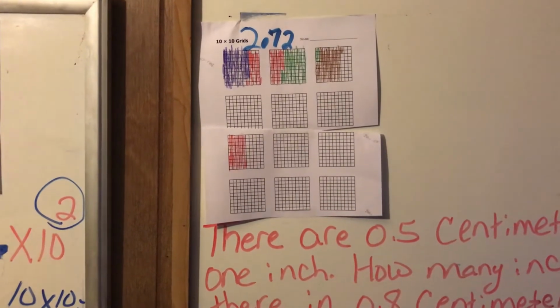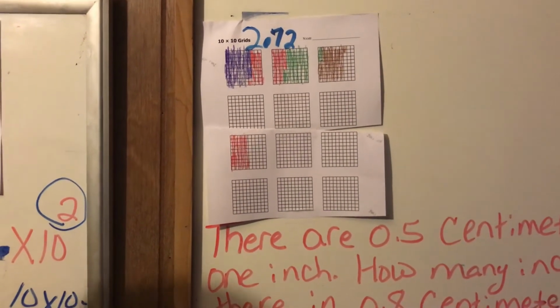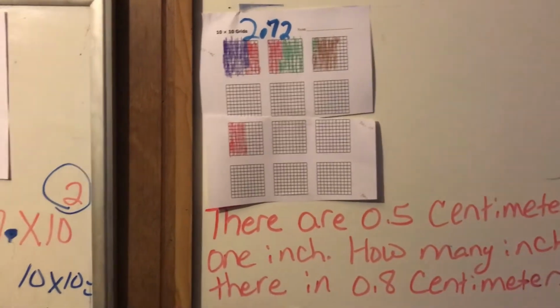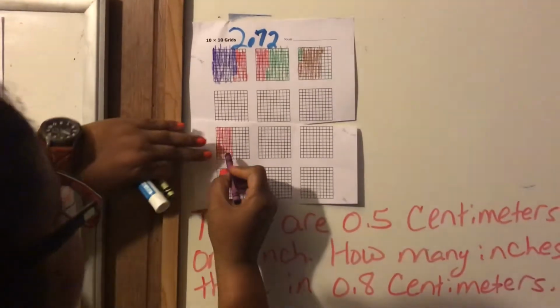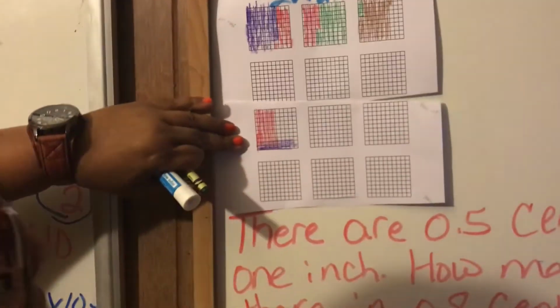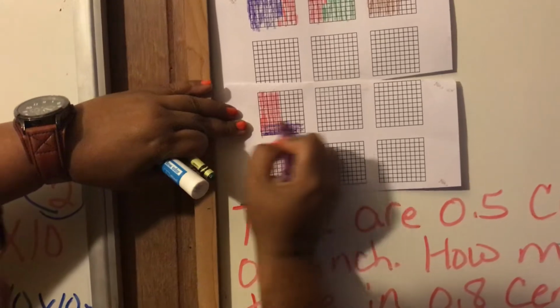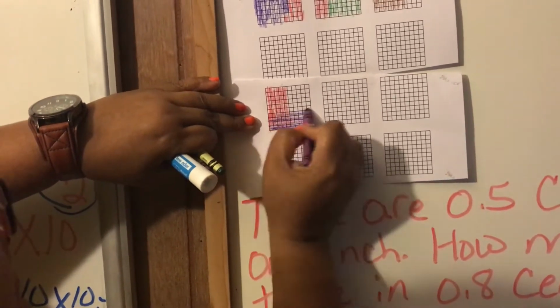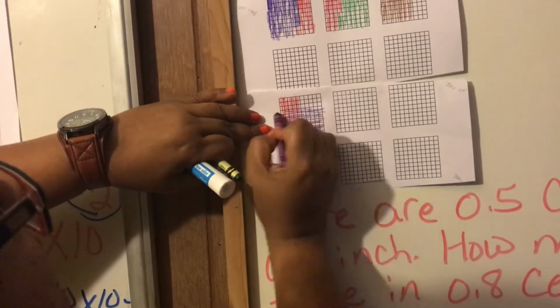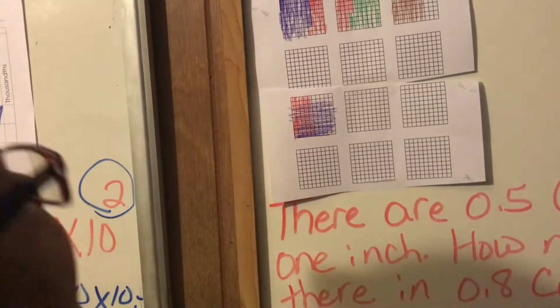So now we need 8 more centimeters because we're building it, right? We go length times width. All right. So that is 5. I'm going to start from the bottom. 1, 2, 8/10. 2, 3, 4, 5, 6, 7, 8.